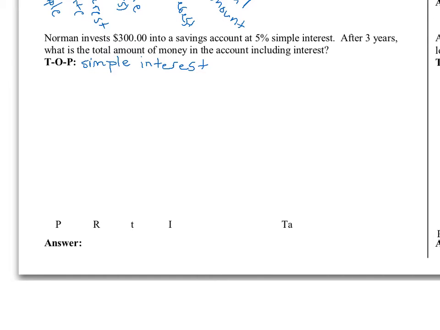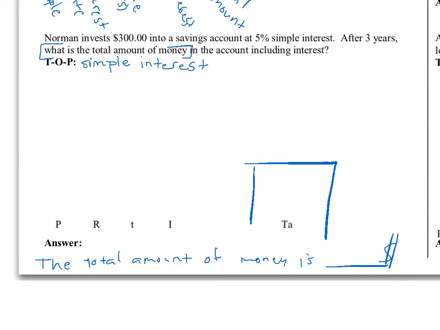As I read through this question, it asks me what the total amount of money is in the account. So the bank is constantly adding that interest into my bank account, so I want to know what the total amount is that's in there.